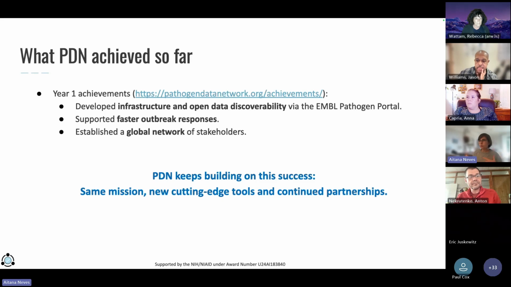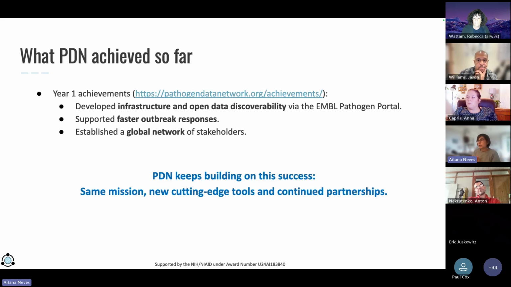And we also work towards establishing a global network of stakeholders, and notably this vision of having a global network of scattered pathogen portal nodes. We could start with pathogen portal nodes that have been established in Central and Latin America, in Africa, and also in Asia.